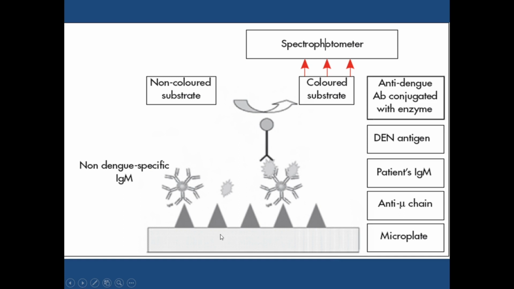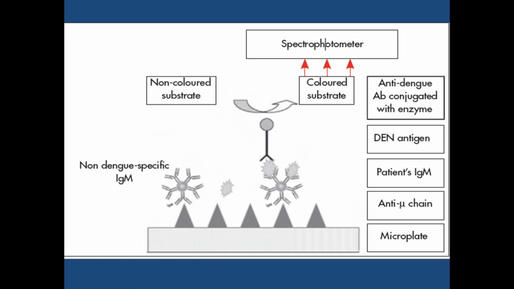So you can see here that the plate is lined with anti-human immunoglobulin. If you add the patient serum, the IgM it contains will bind to this anti-immunoglobulin coated on the well. The next step is adding dengue antigen.